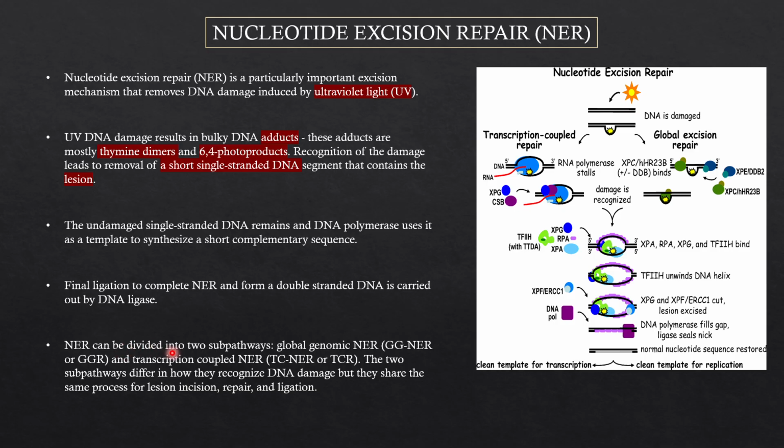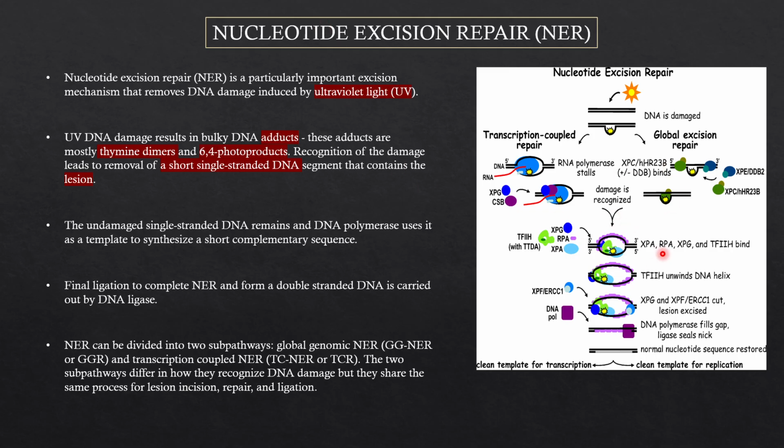Nucleotide excision repair can be divided into two subpathways: global genomic NER and transcription coupled NER. The two subpathways differ in how they recognize the DNA damage, but they share the same process for the lesion incision, repair and ligation.